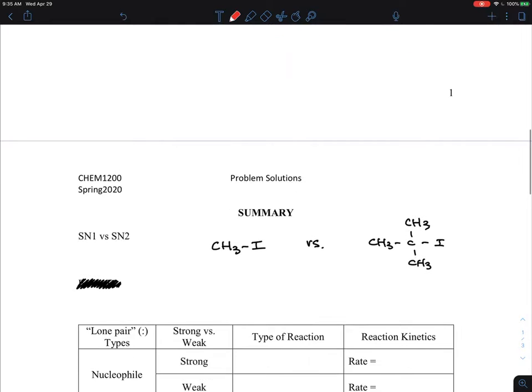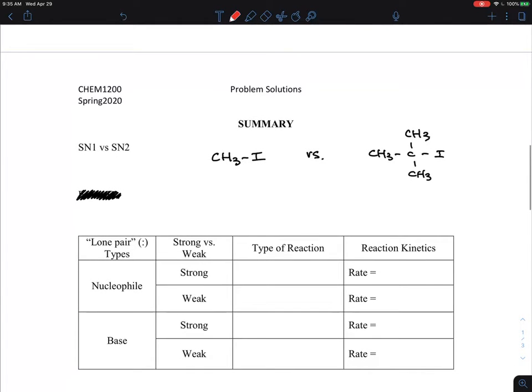So I have provided here, just as a recap for you to wrap up your learning about the organic chemistry sessions. Let me ask you this way. Here I have drawn methyl iodide versus tertiary butyl iodide, and I'm asking you which will be fastest, for the SN1 mechanism.